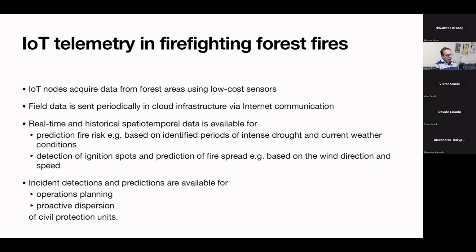So all these results of the analysis, I mean the prediction and the information from incident detection, are available for operations planning, proactive dispersion of civil protection units, and proactive evacuation plans of threatened areas.